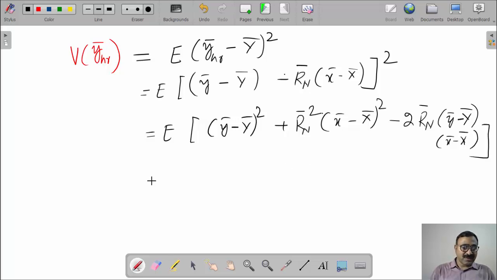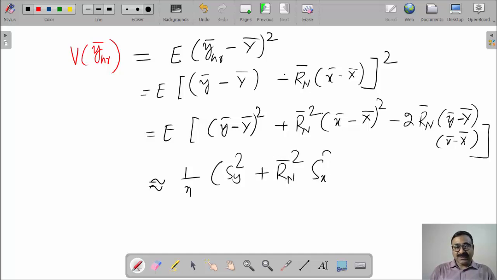So this is the variance of y bar, and this is approximately equal to 1 by n into Sy square plus Rn bar square Sx square minus 2 Rn bar Syx. Now this is the variance of the Hartley-Ross estimator.